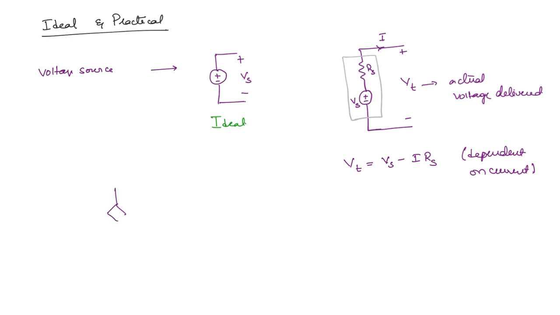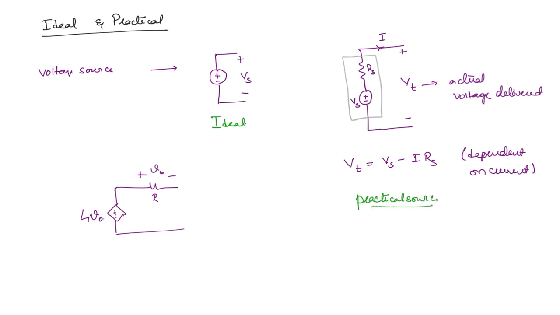If you take a dependent source like this, some resistance is here. Let us say the voltage across this is V0. Then the voltage delivered by the dependent source is going to be 4 times this voltage. So this is how the dependent source is different from the practical source. By definition, it might sound the same, but in actuality they are very different. So this is a practical source.